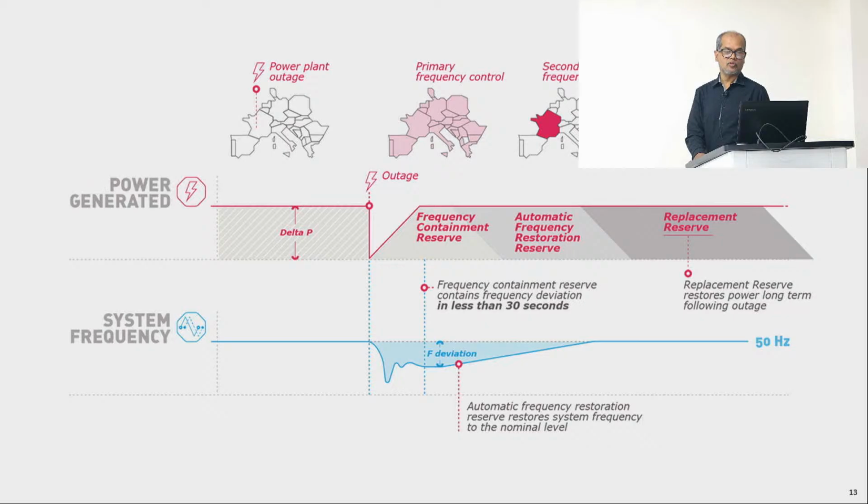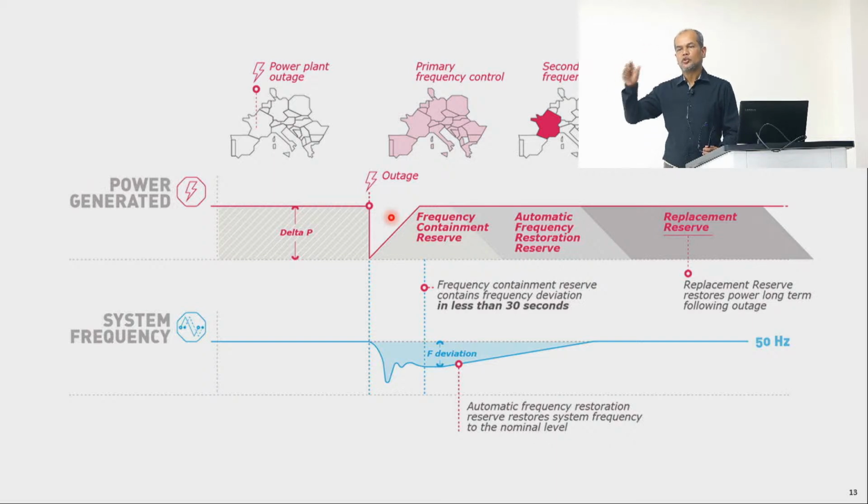And here normally we call them primary frequency control, secondary frequency control, and then we have tertiary frequency control as well. The first one's responsibility is to quickly bring it back close, and then the following one to precisely make it 50 hertz.